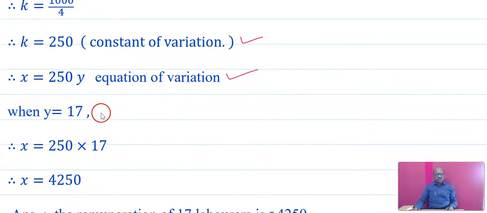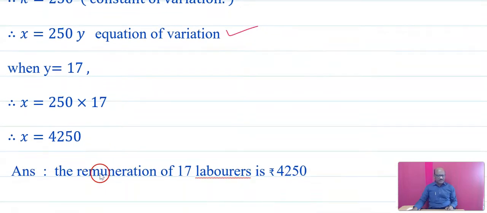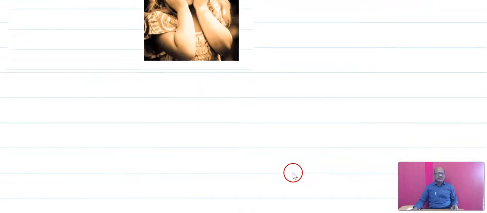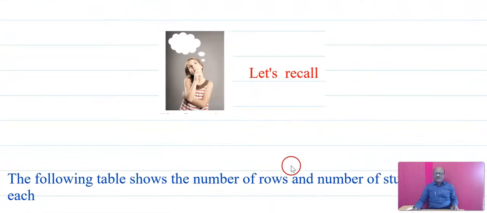When y = 17, substitute here. Then you will get x = 250 × 17, and hence x = 4250. Therefore, the remuneration of the 17 laborers is rupees 4250. And in this way, the first part of the exercise, that is 7.1, we have completed.